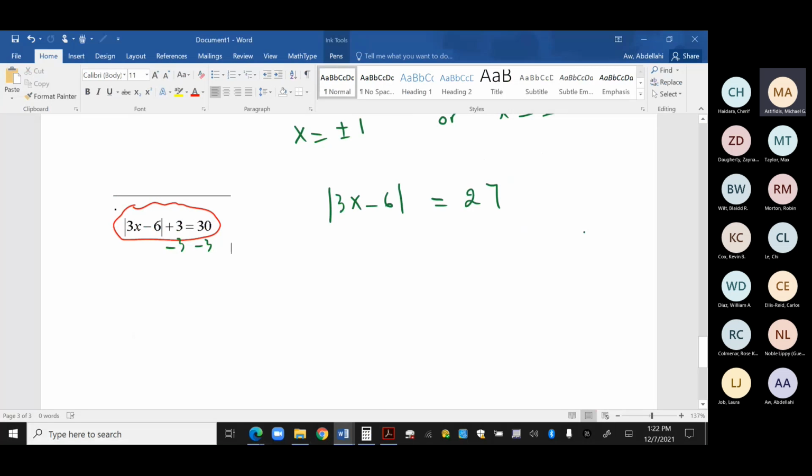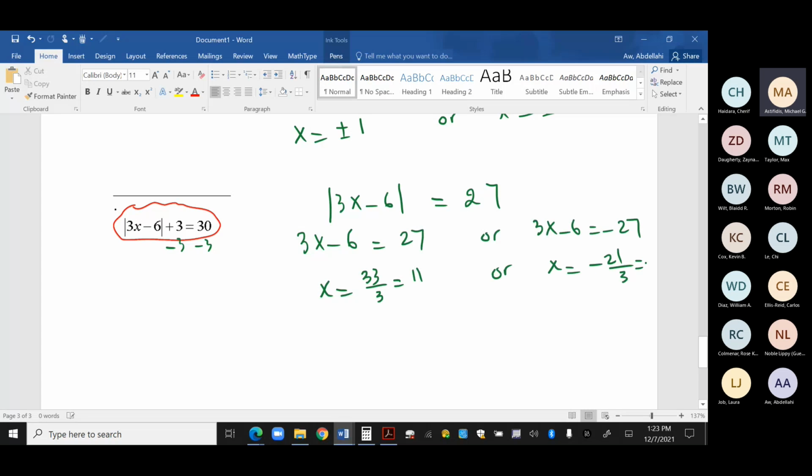We used to break it down into two equations, 3x minus 6 equal 27, or 3x minus 6 equal negative 27, right? And then we solve. So we get x equal to 33 over 3, which is 11, or x equal to negative 21 over 3, which is negative 7, right? You remember that?